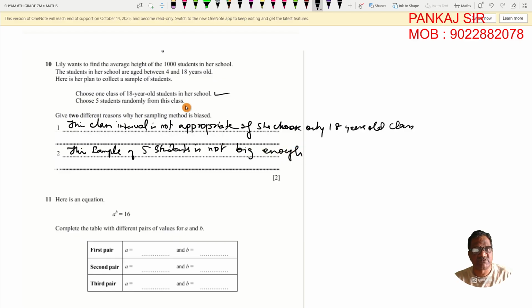She wants to take the average, so from 1,000, if she selects only 5 students, that will not be a big enough sample. A sample of 5 students is too small, so because of this there will also be some error in the calculation. So these are the 2 reasons you can write.